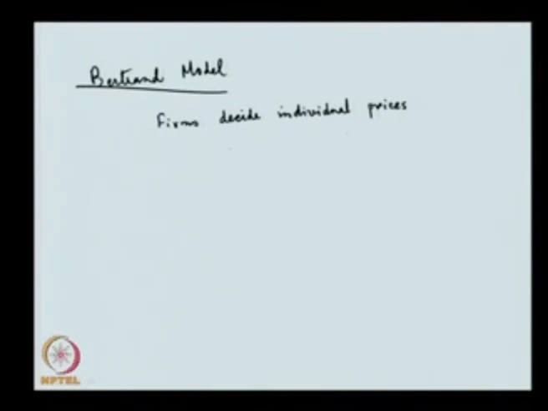So, if there are two firms, P1 and P2, they do not decide by their own wish what output they are going to sell in the market.